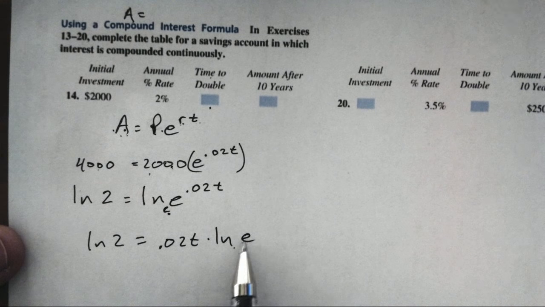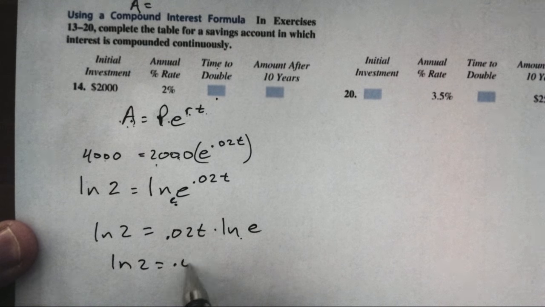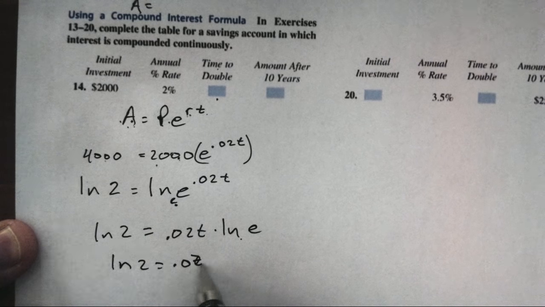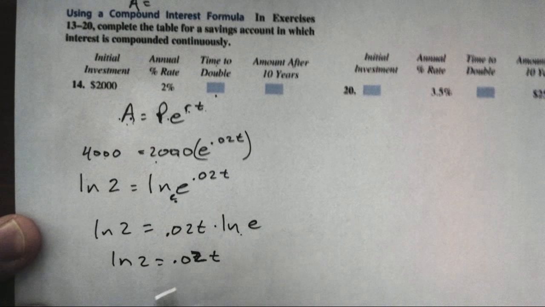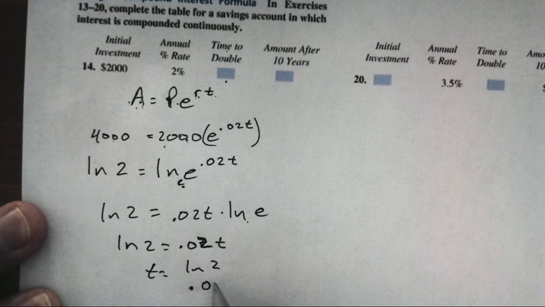This is the exponent that turns e into e. So I get ln 2 equals 0.02t, or t equals ln 2 divided by 0.02.